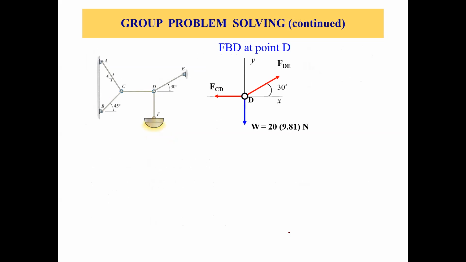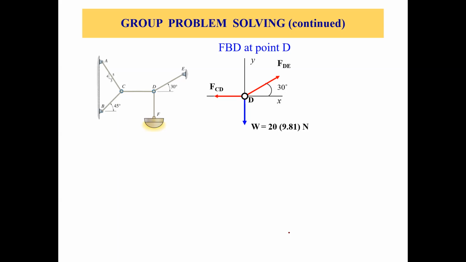All right, this is the same system. On the right side we have the free body diagram at point D, with point D in the center. First step, we draw that point D. In the second step, we draw the applied forces.